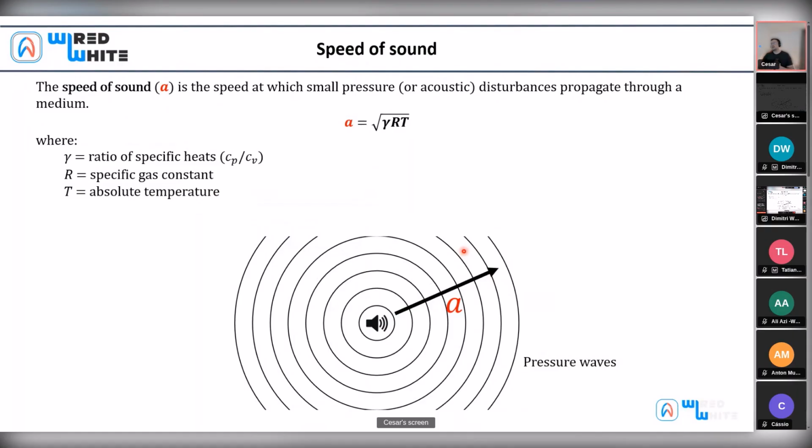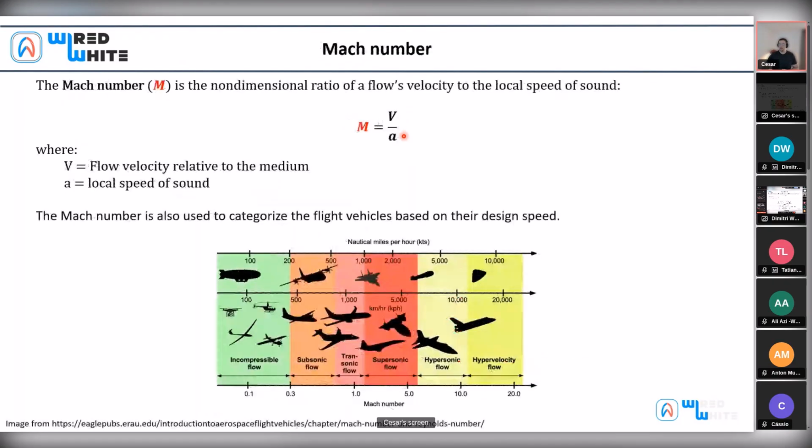Or the speed at which these perturbations propagate in a given medium, which in the case of gases is a function of the ratio of the specific heats, the specific gas constant, and the absolute temperature of the gas. So the higher the temperature, the faster these particles move, and therefore you will have a larger speed of sound.